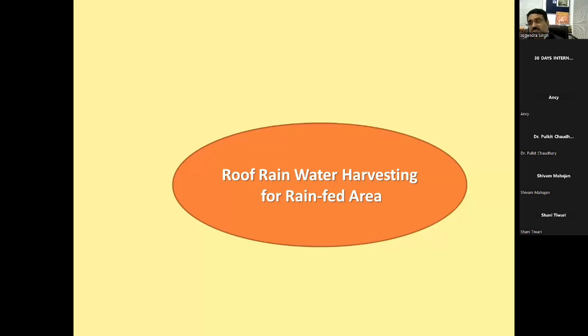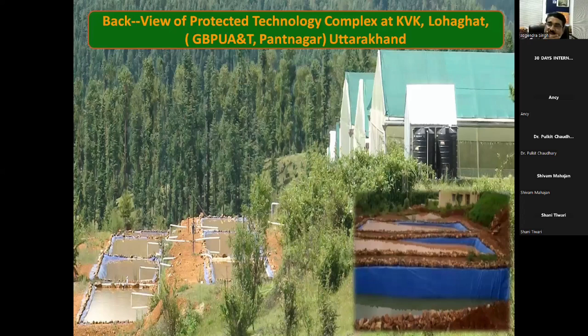But you may feel that if you do not have water in a rainfed or dryland area, there is no problem. We can start protected cultivation with the help of roof rainwater harvesting. You can see here a hill area, where there is no availability of water and it is only rainfed.